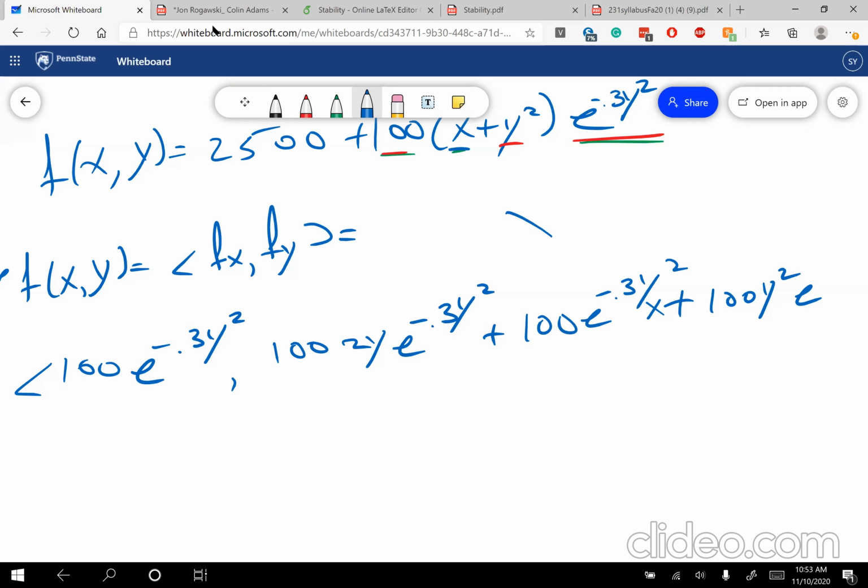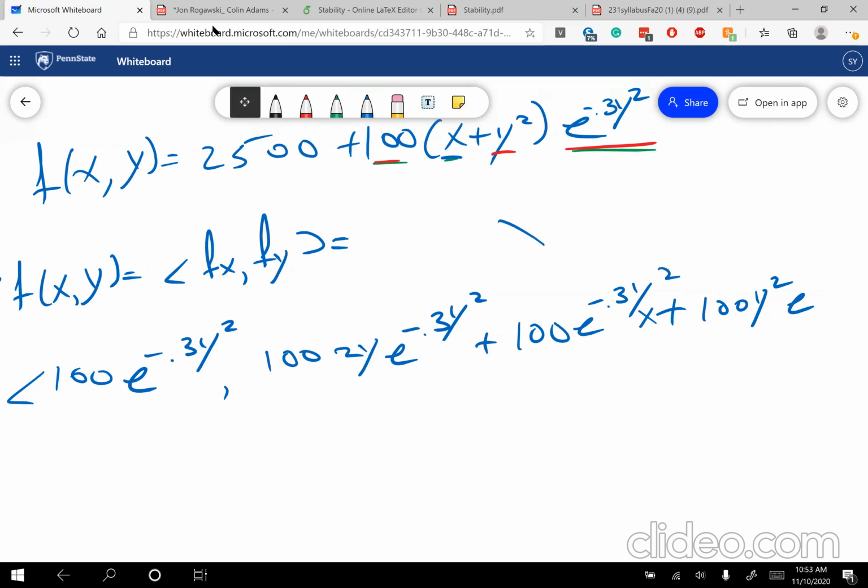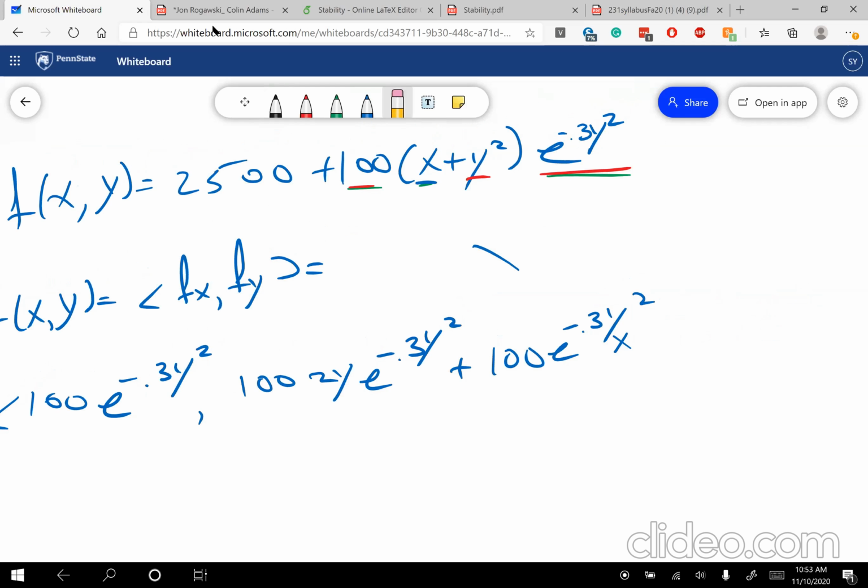And then we are going to have x times negative 0.3 times 2y.